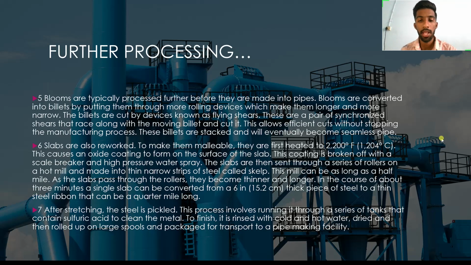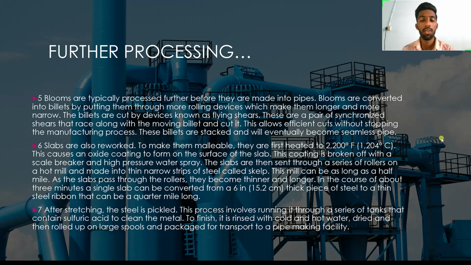Slabs are also reworked to make them malleable. They are first heated to 2200 degrees Fahrenheit, which is about 1200 degrees Celsius. This causes an oxide coating to form on the surface of the slab. The milling can be as long as half a mile. As the slab passes through rollers, it becomes thinner and longer.